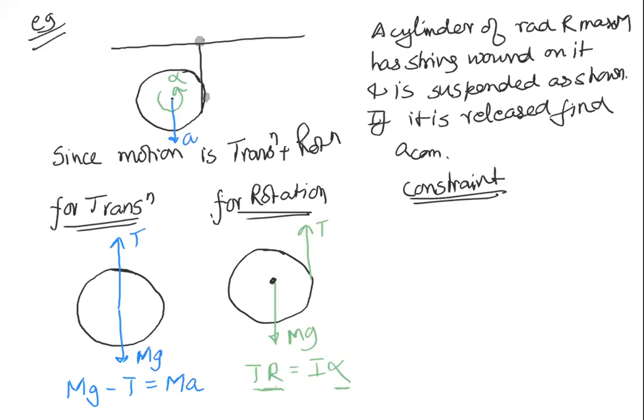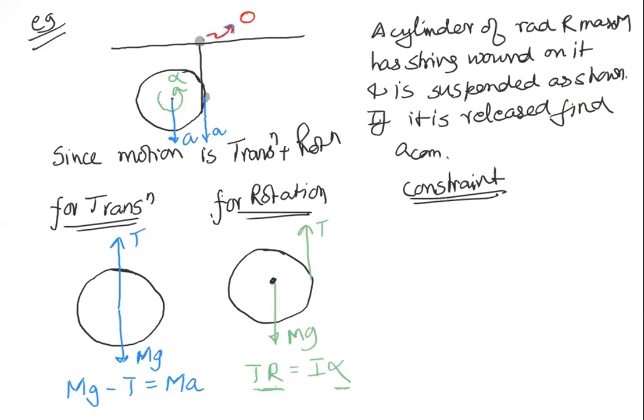So if these 2 points are to have the same acceleration, then this point has 0 acceleration because it is attached to the ceiling. Now, this point has acceleration A due to translation. Remember, due to translation, every point must have the same acceleration as the center of mass. So here, this point has acceleration A downwards because we have assumed that the center of mass has an acceleration downwards.